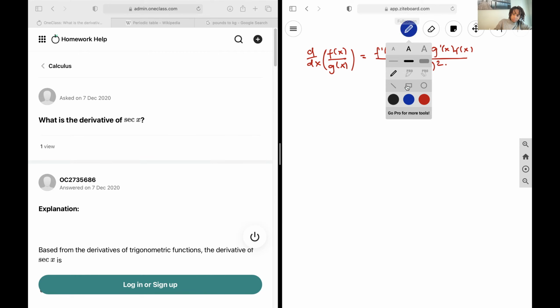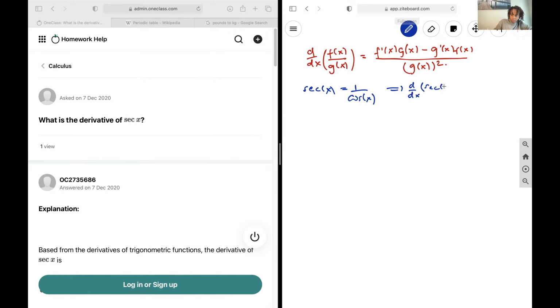We need to remember that secant x is equal to 1 over cos x. So this tells us that the derivative of secant x will be equal to the derivative of 1 over cos x, and then we can go about finding this using the quotient rule.